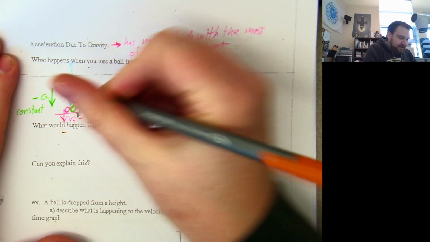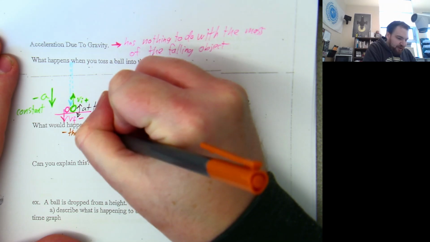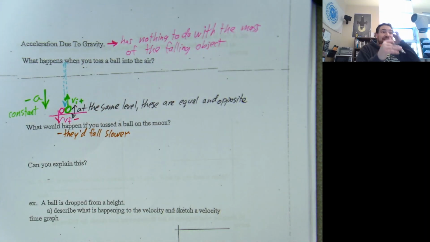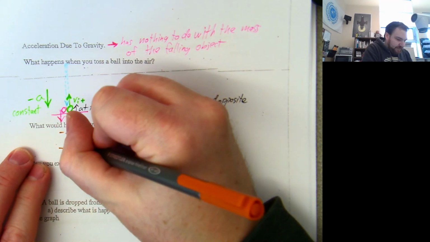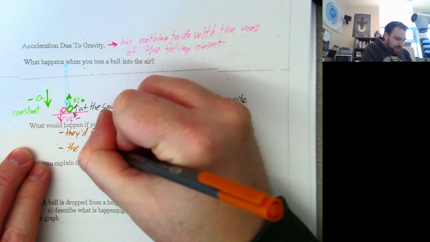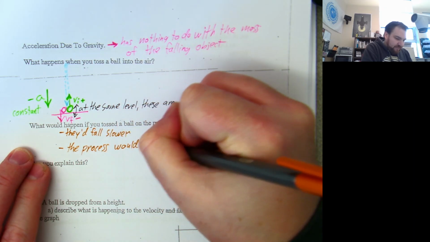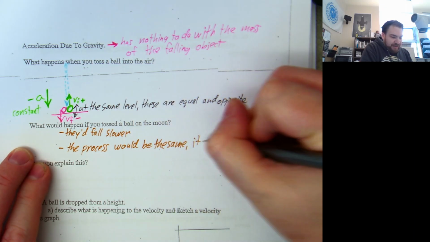So Ray Reed said they'd fall slower. Another way to say that exact same thing is the process would be the same. It would just take more time.